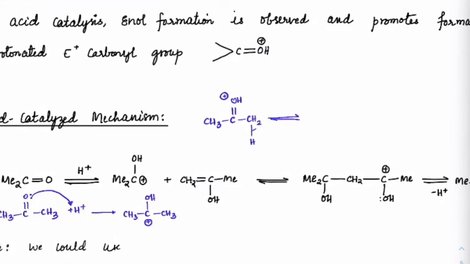So this H plus can be lost and an enol is formed. See the difference between base catalysis and acid catalysis. In acid catalysis, we will have a complete enol formation. In base catalysis, we will only have enolate ion. So here we have an enol formation, right? So enol formation, this is the second mole.